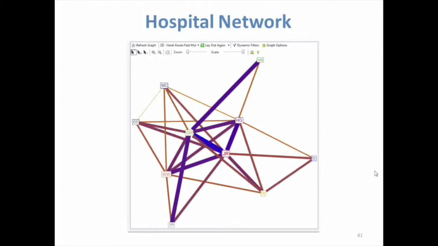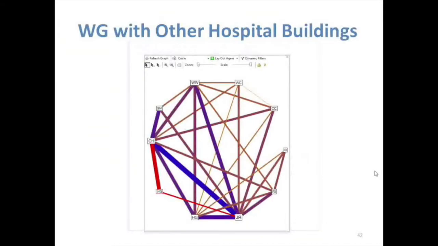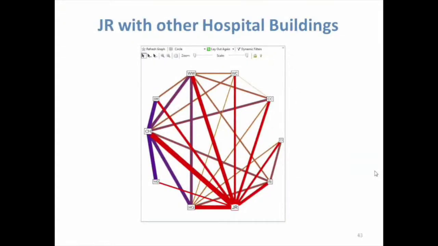What it shows here is that a patient who was admitted to one hospital was also admitted to another hospital, and that creates a relationship between the two hospitals. So this is the inferred relationship between hospitals. We see WG has a very strong link with CH, but not a lot of links with JR. JR has a strong relationship with everybody else.